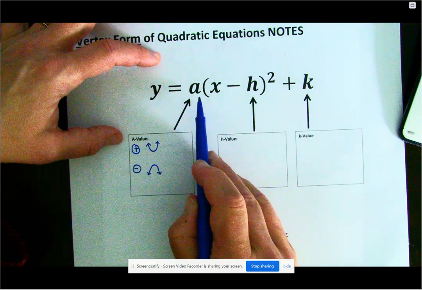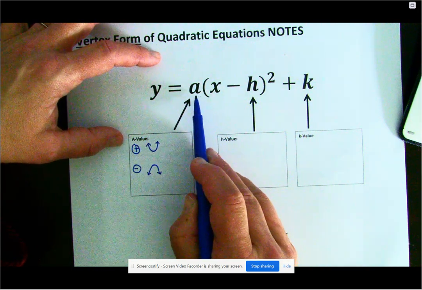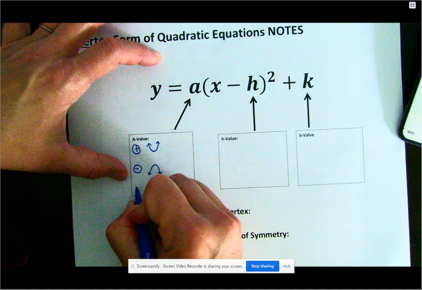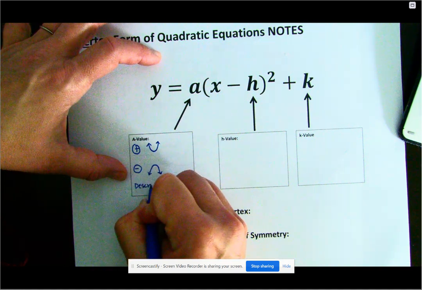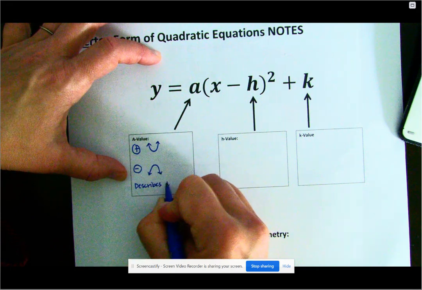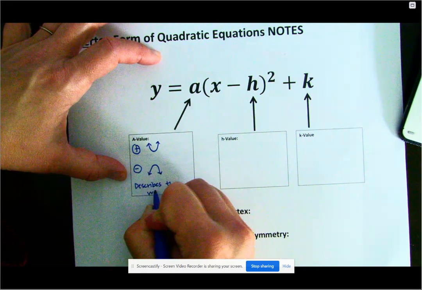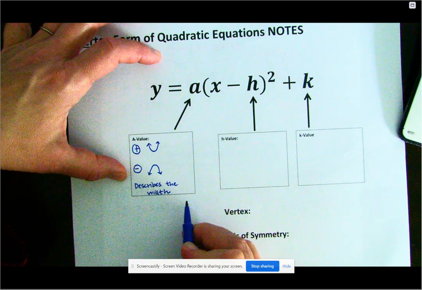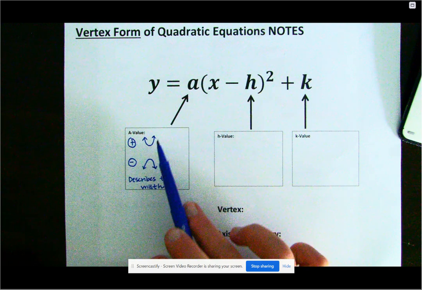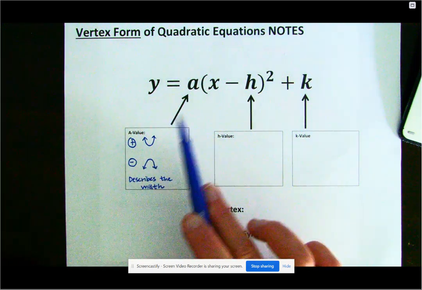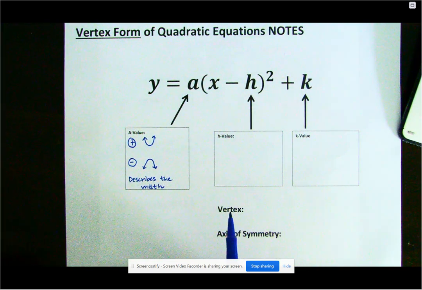It also tells you how narrow or wide, so it describes the width. Today, or this week, we're going to keep the a value at 1 or -1, so we can really get the pattern of typical parabolas down.